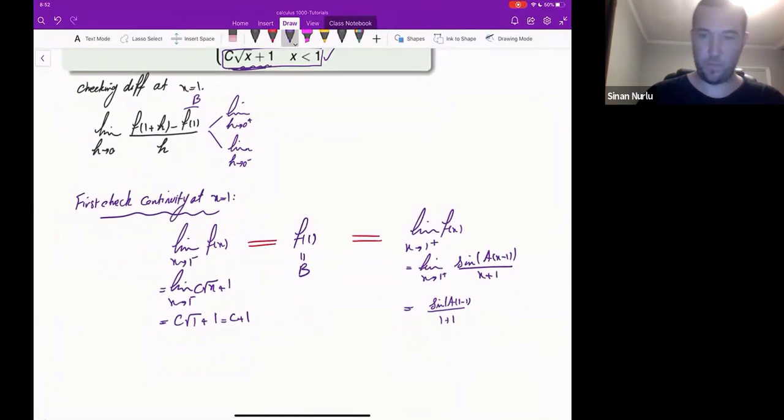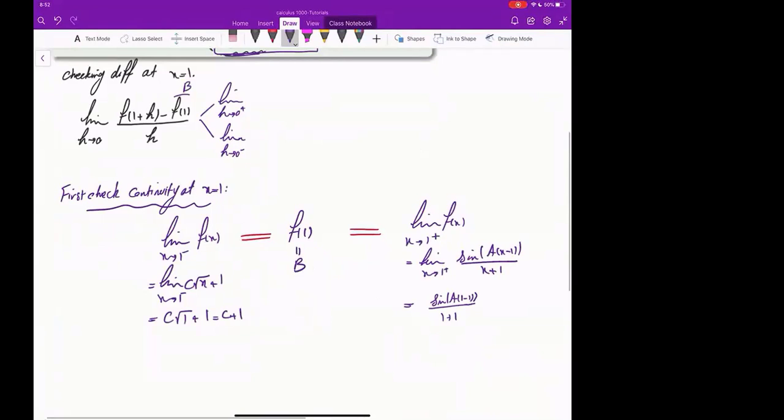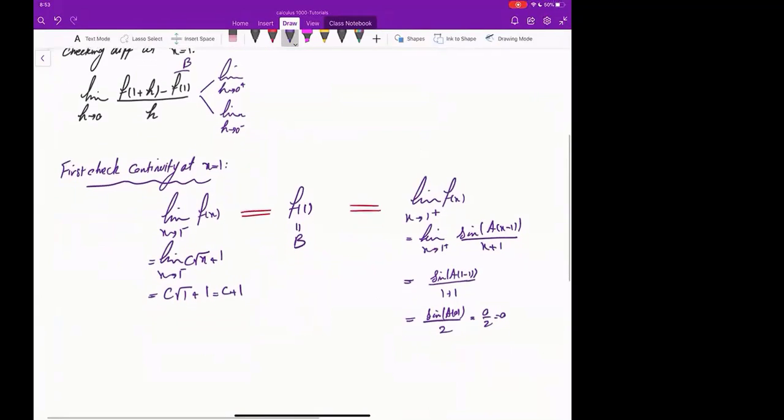So we will find the right and the left. On the right, you get sine of a times 0 over 2. This is sine 0, 0 over 2. This is 0. So these three things being equal means that, first of all, b is equal to 0.